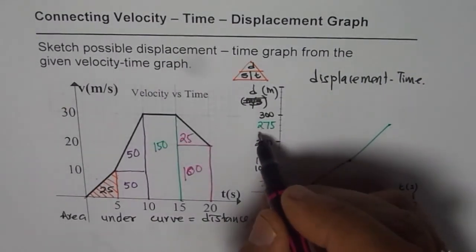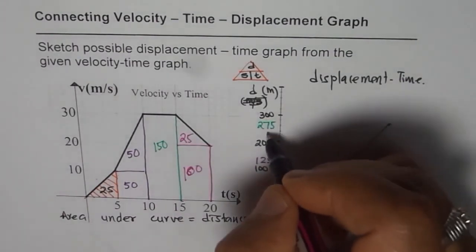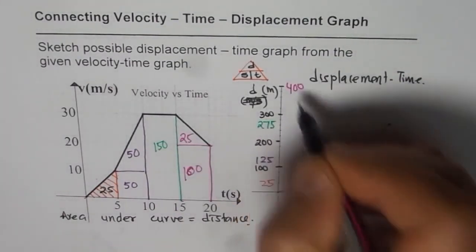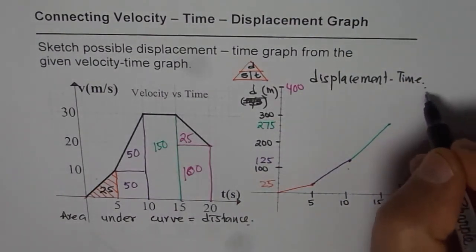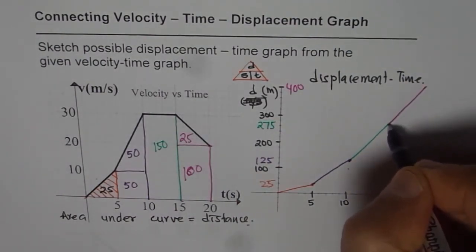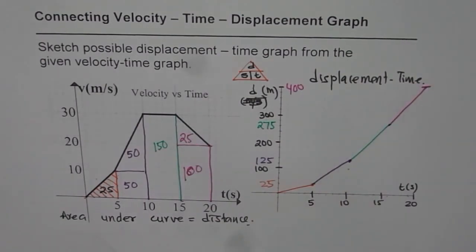So let us add 125 to this. When you add 125, you get 400, correct? So you get 400 at 20, which is kind of here. Let us join them. Right? So the displacement is increasing all the way from 0 to 400 meters, and that is how our graph should be.